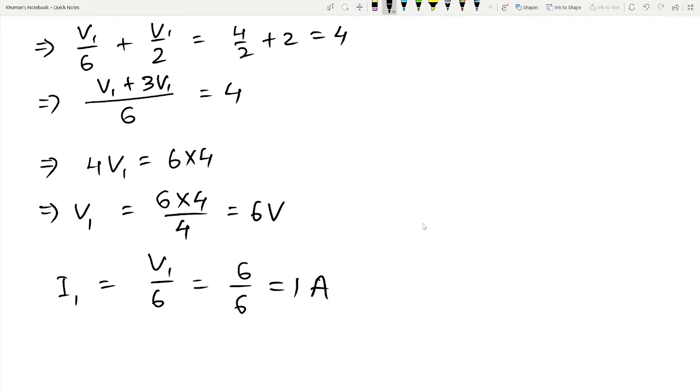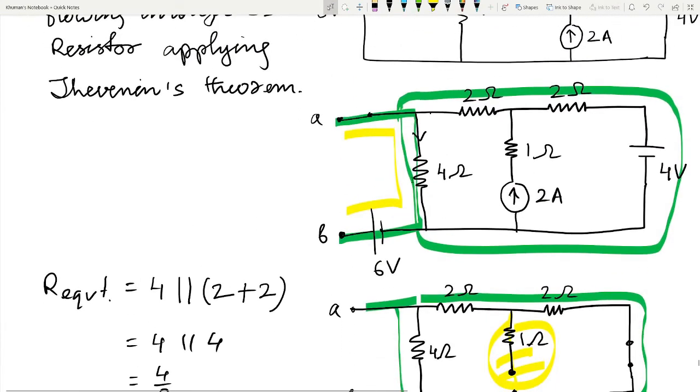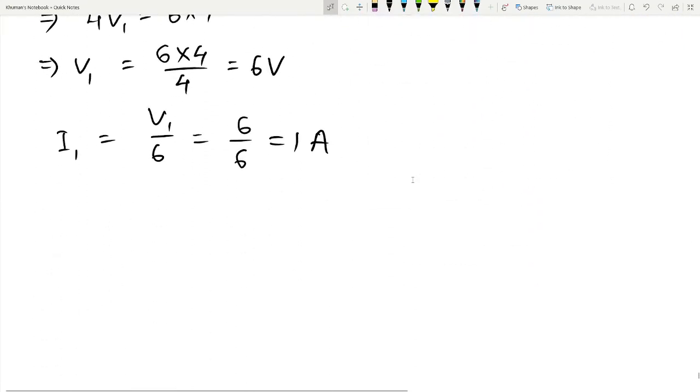Then looking at this circuit, we can find out the value of voltage drop at the 4 ohm resistor is 4 volt. Okay, then finally VOC comes out as 6 minus 4 into 1 ampere.